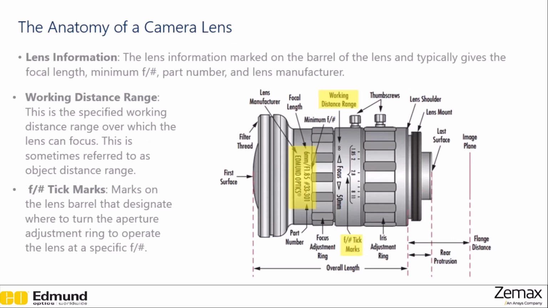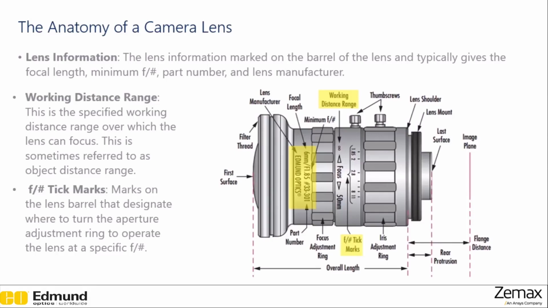The lens information is usually printed on the lens somewhere. This will typically give the focal length, the minimum F number or aperture size that can be achieved, the part number, and the lens manufacturer, which you can use to look up more detailed information on the lens. The working distance range will specify the range over which the lens can focus.